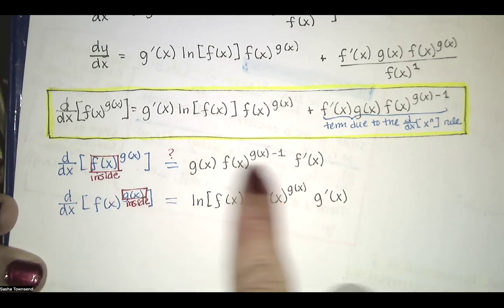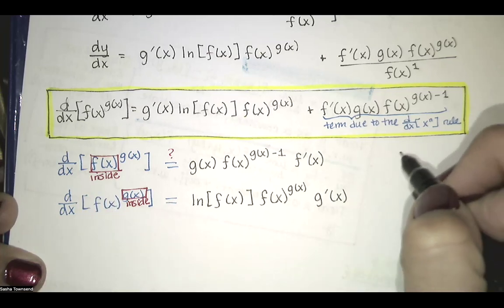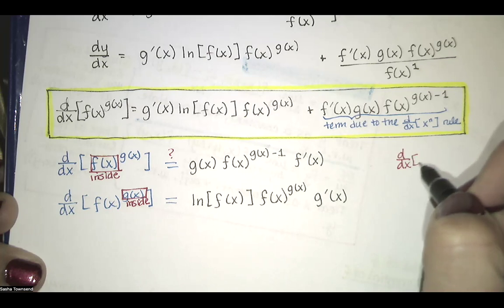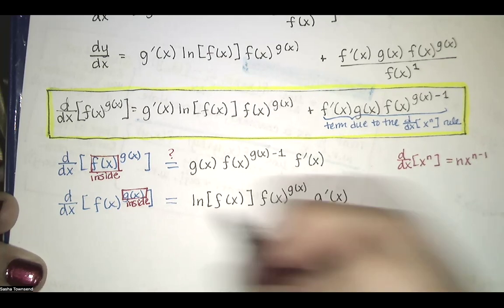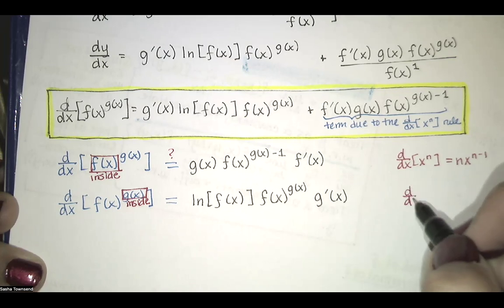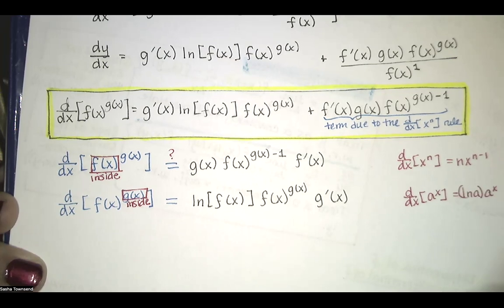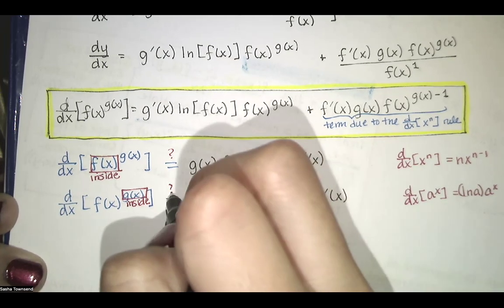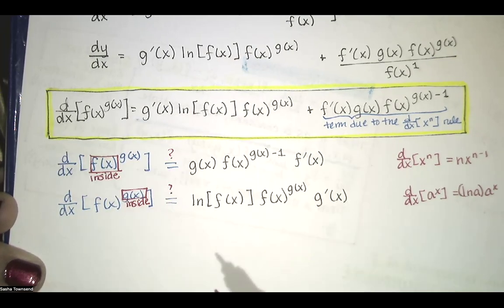So I use the chain rule here, and I use the chain rule here, but in this case, I'm using this rule, the derivative of x to the n. And in this case, I'm using the derivative of a to the x. If we add those together, that actually turns out to be the derivative of f of x to the g of x power.